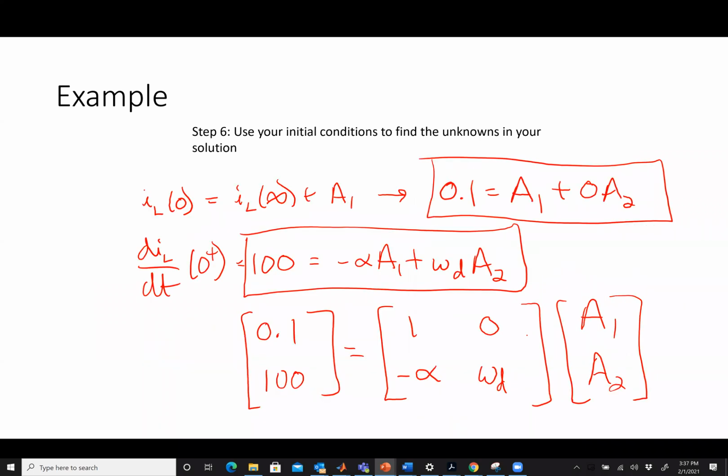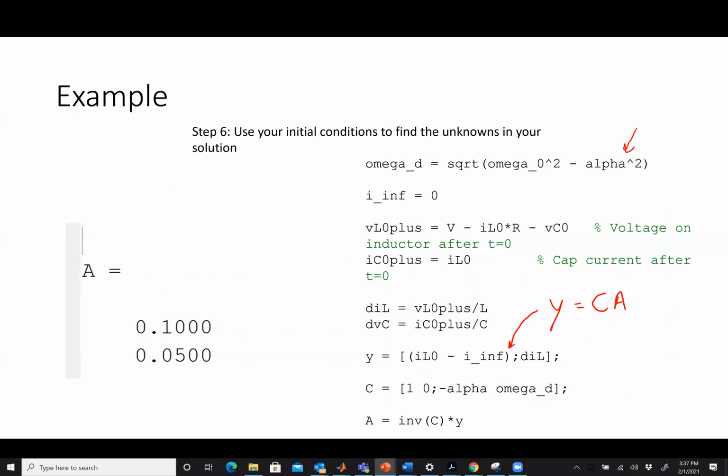So this is my y. Y equals c times a. So this is c, this is y, this is a. And if you look at what I did, here's the C, I wrote 1, 0.